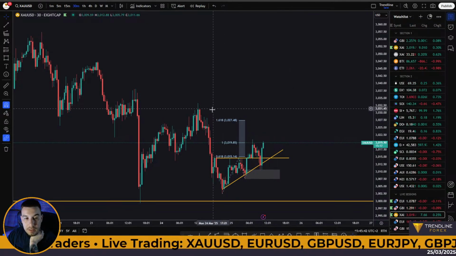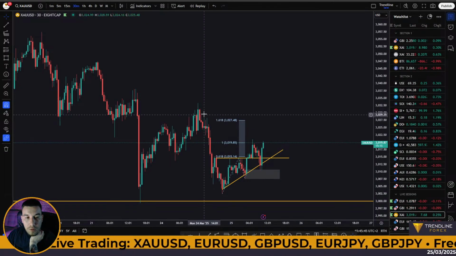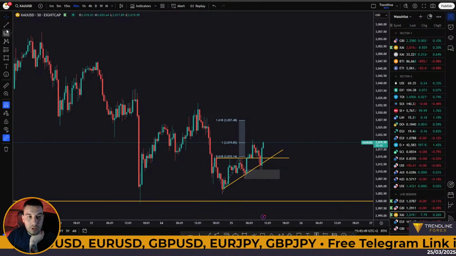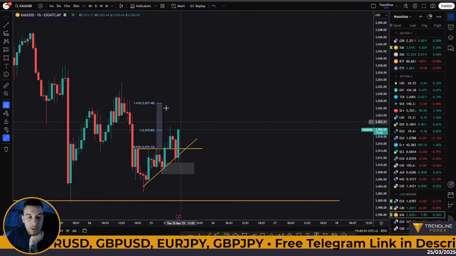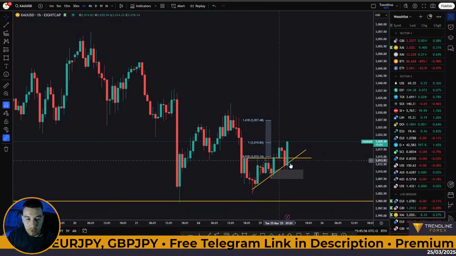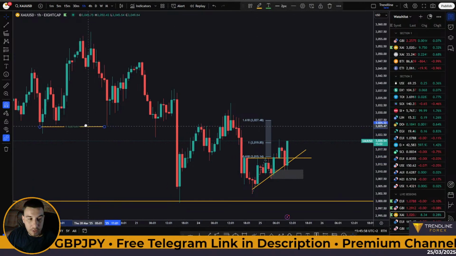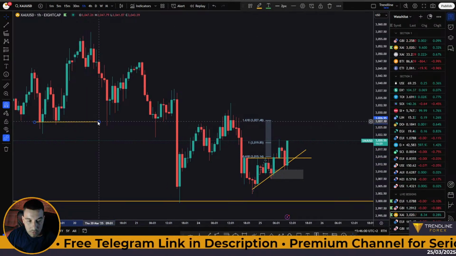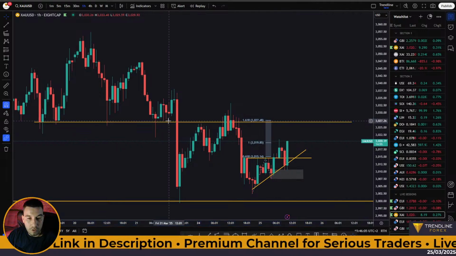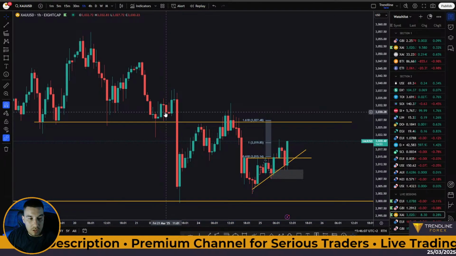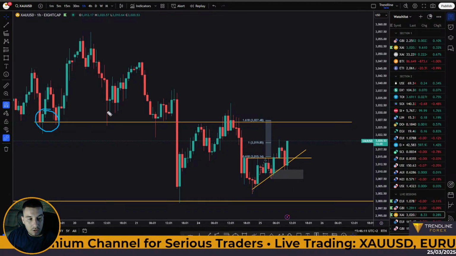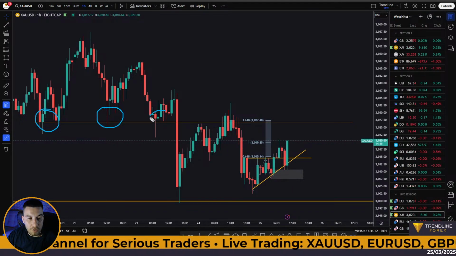Now, I am expecting that we're going to have again another pullback, maybe even a deeper pullback once we get to this previous high. You can see that what we're now looking at here is the 1-hour time frame. Now, this is going to be a strong level which is relevant to the higher time frames. Okay, so right around 3027, 3030. As you can see, we've got loads of retests of this area.